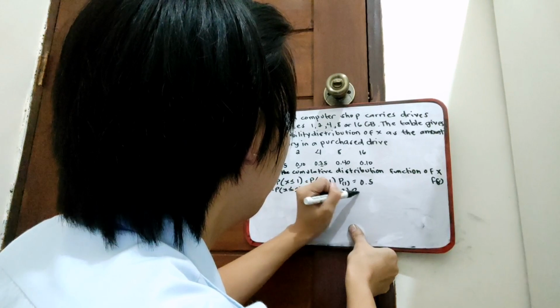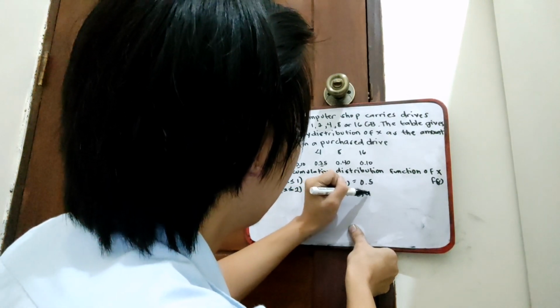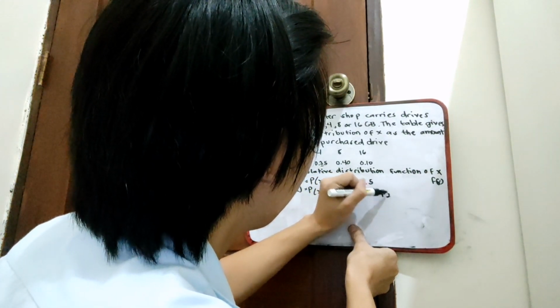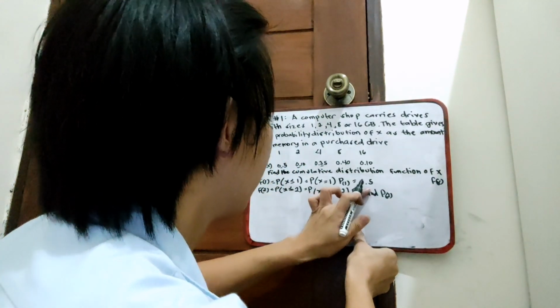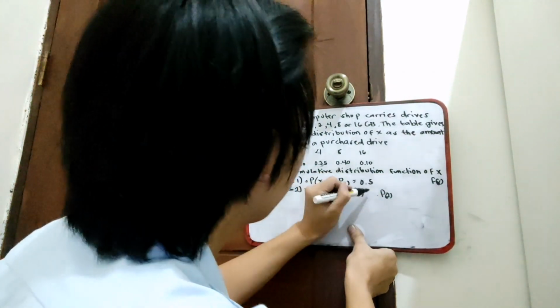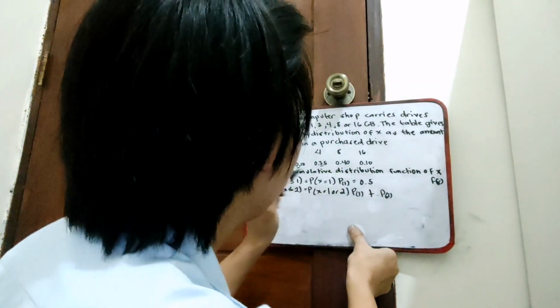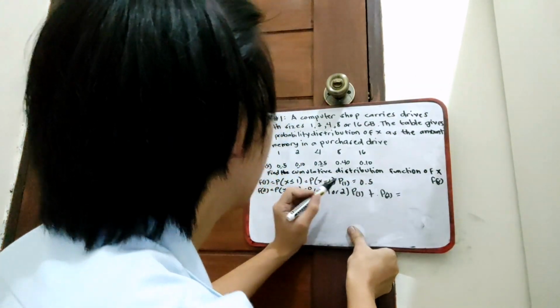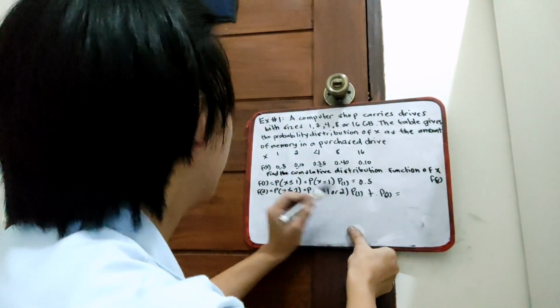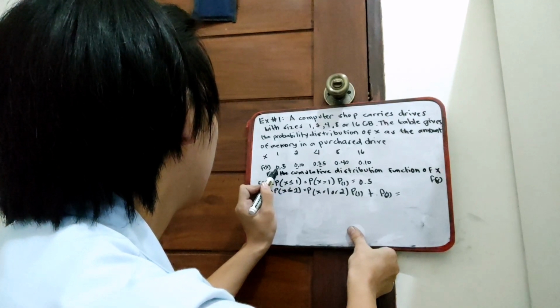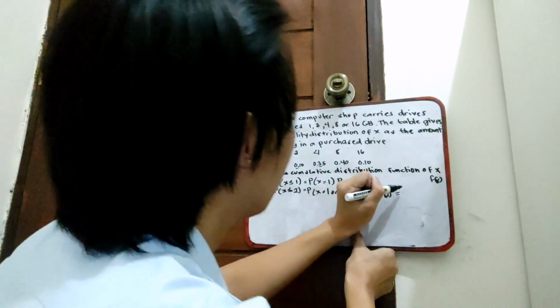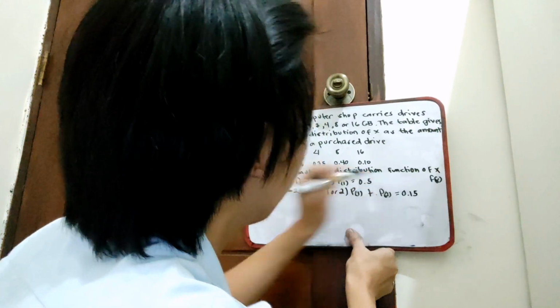Which means P of 1 and P of 2. Now, let's add P of 1 and P of 2. And we get 0.5 plus 0.10 is equal to 0.15.